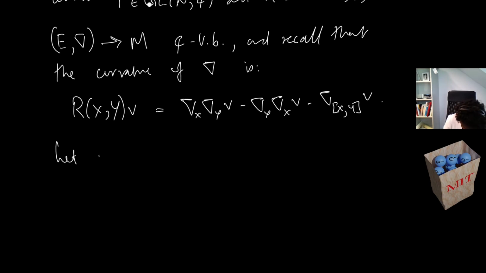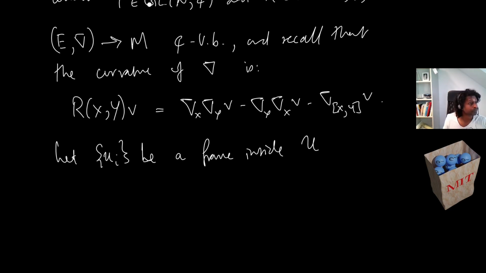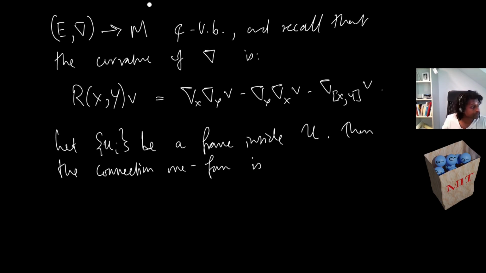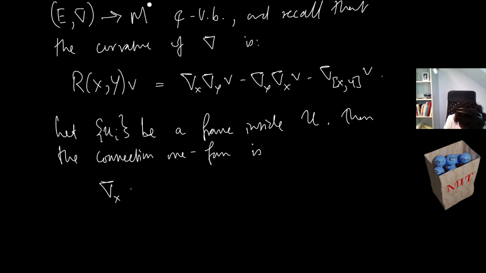So let U_i now be a frame inside U. Then the connection 1-form is what? It's nabla_X of U_i. So of course this is now dependent on the frame.